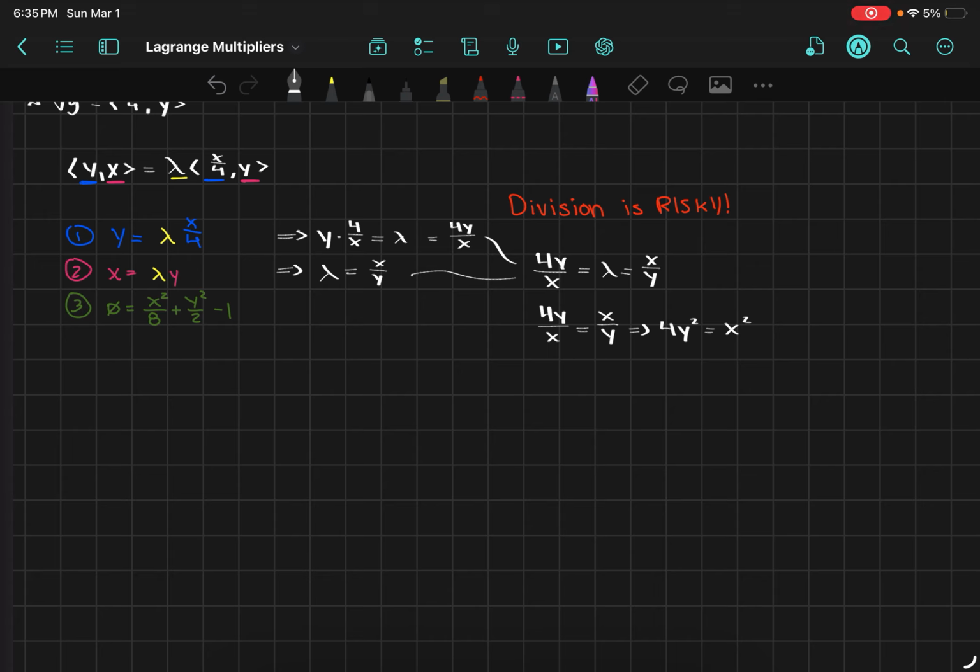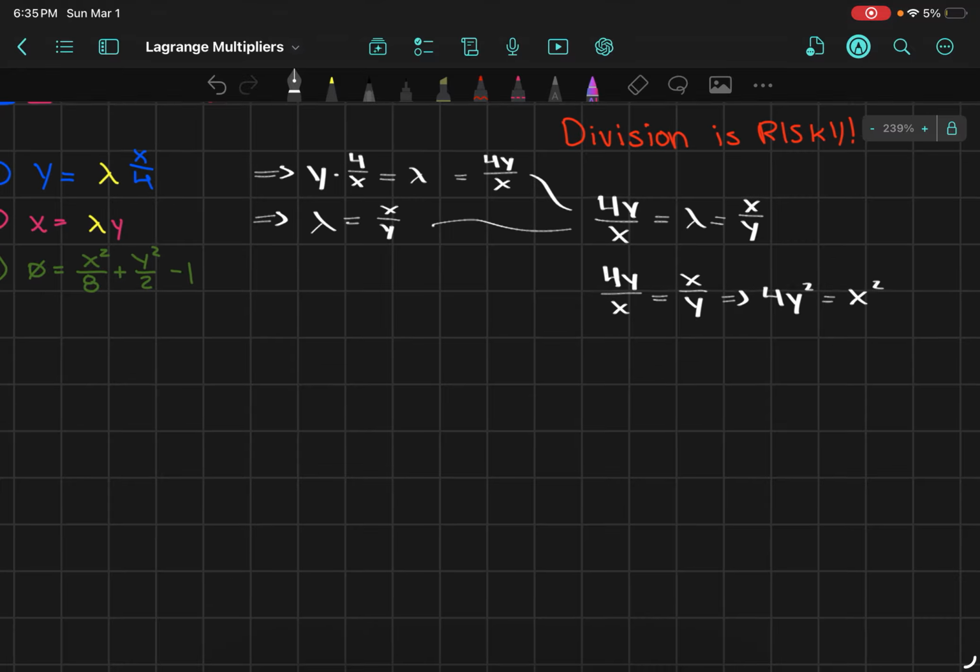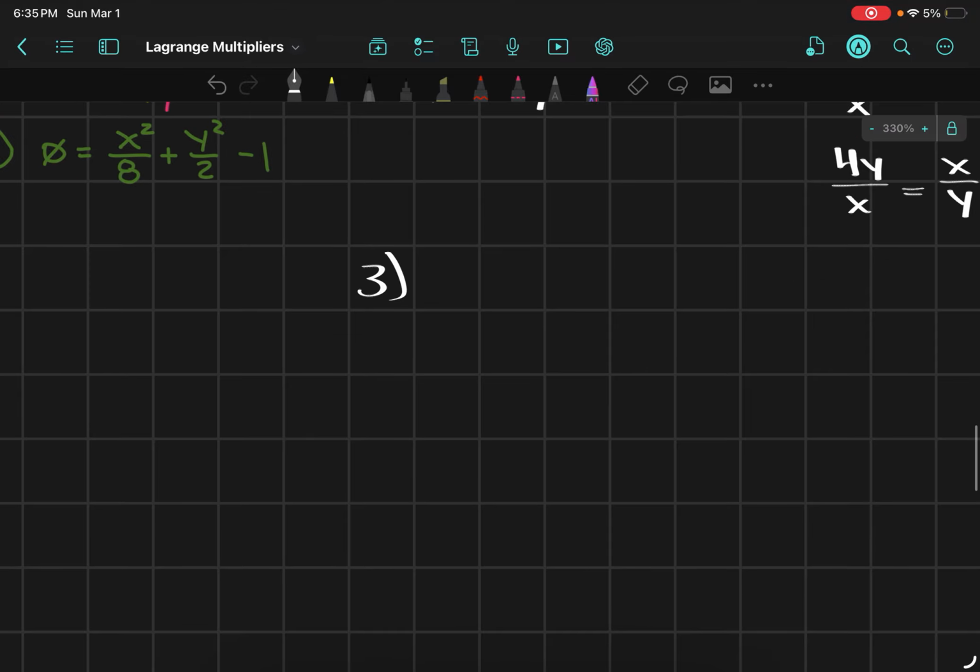We could plug in either into our constraint function, and that would give us whatever variable we choose is equal to, and inversely, we can plug whatever we solve for into 4y squared is equal to x squared, and that'll give us what we're looking for. Perhaps poorly explained, but I'm just going to go ahead and do it. Plug into our third system equation.